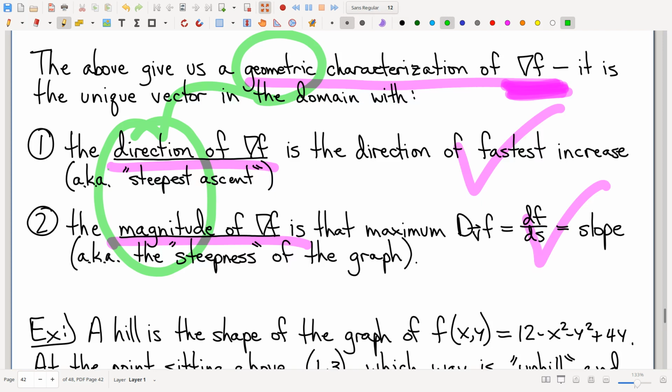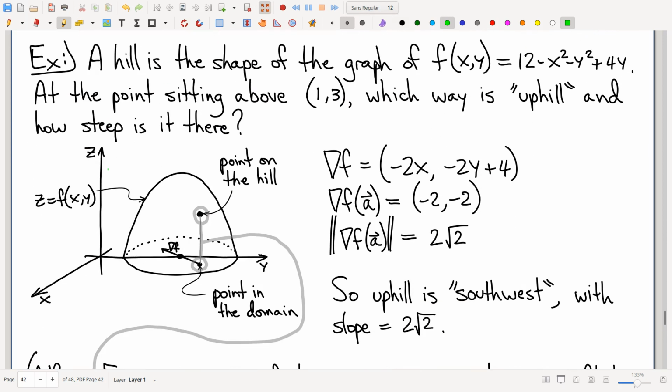Okay, let's see an example of this in action. First, a point of lingo, notation, however you want to say it. So we have a hill that's in the shape of the graph of a function, and in particular, this hill looks like that. Keep in mind when you're talking about a hill being the shape of a graph, that just means that the function is telling you altitude as a function of longitude and latitude.